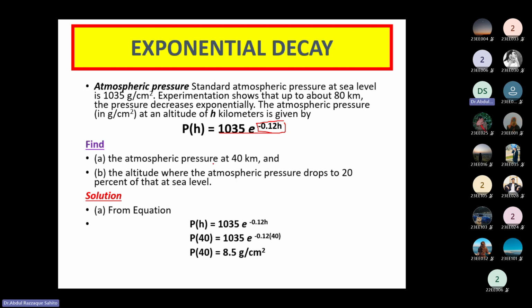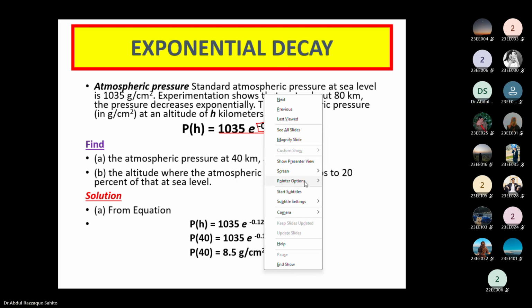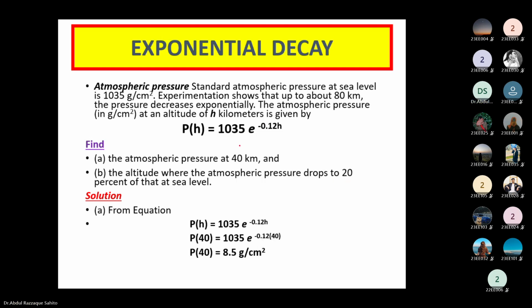So what we are required to do: we have been given the model, in which we have pressure as a function of height. We can calculate the pressure at varying heights. In this equation, we only have two parameters, pressure and height. Let's say first we are asked what will be the atmosphere pressure at 40 kilometer height. So what will be the value for H at the first instance?